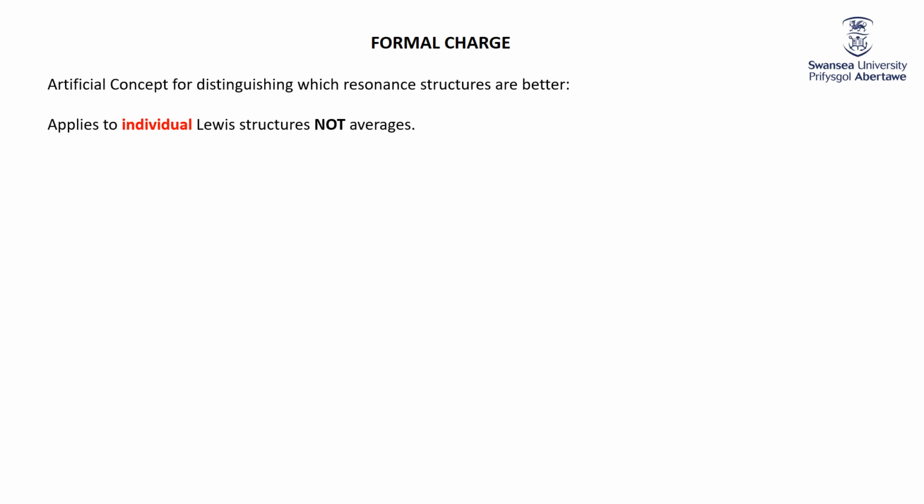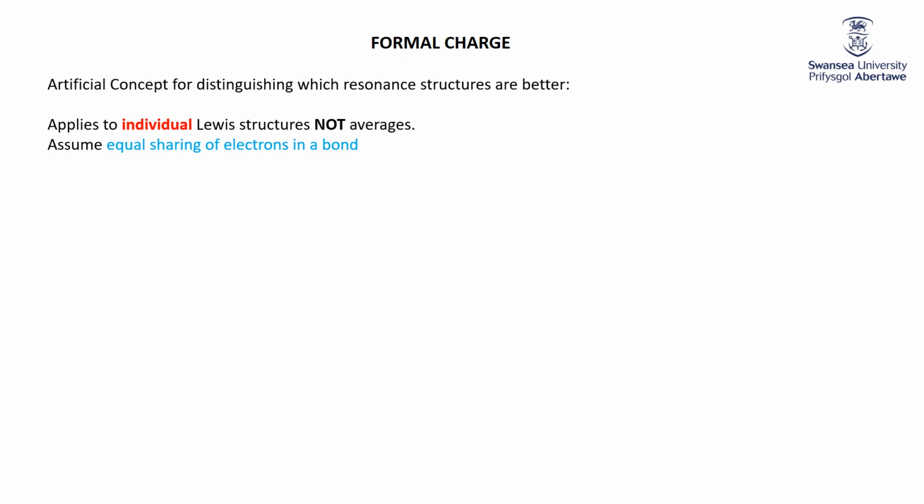As you'll see in a minute, when we do it for SO2, we're going to do it for one of those SO2 Lewis structures that has a double bond and a single bond, not the one where it's all averaged out. In formal charge you throw electronegativity out the window, you throw oxidation numbers out the window, you throw polar bonds out the window, and you just assume that a bond that has 2 electrons, each atom gets an equal share of that.